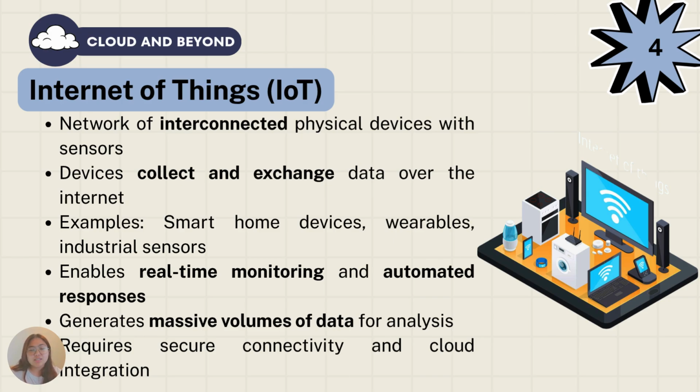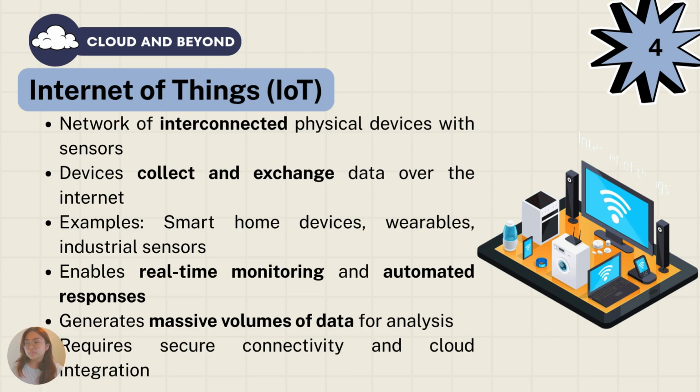These devices constantly collect data such as temperature readings, motion detection, pollution information, and maybe your health metrics, like your steps or calories burned. These metrics are sent over the internet, which enables real-time monitoring and automated response.